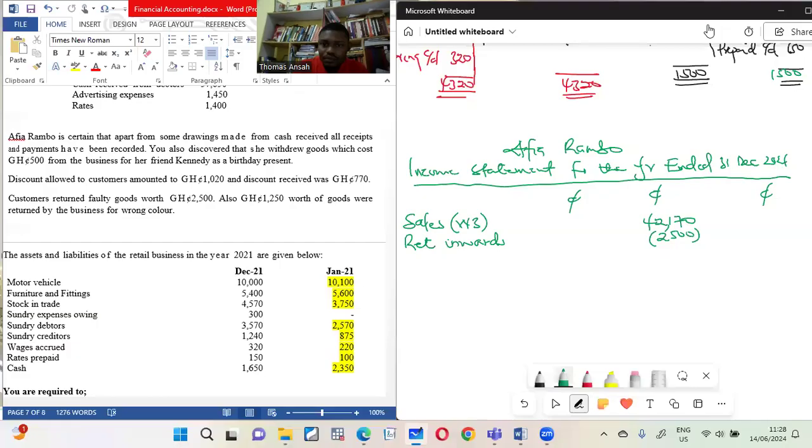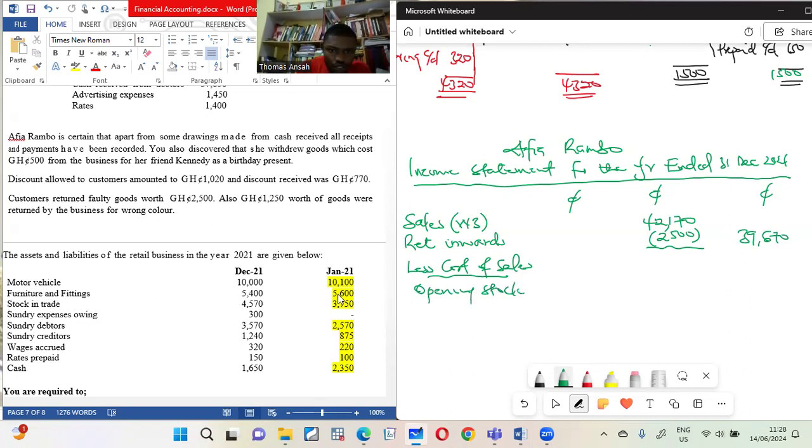So the total here, how much does it give me? So I have 42,170 minus returns of 2,500. I have 39,670. Then we start with less cost of sales. What do you normally do? Opening stock. So what is our opening stock?